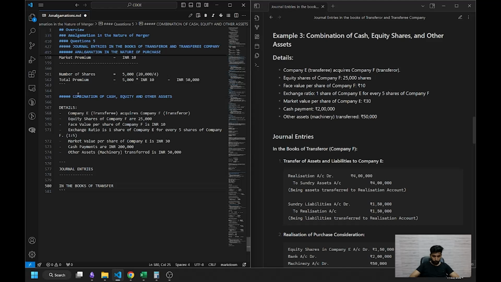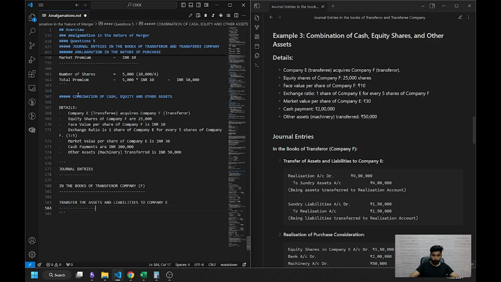First of all, we will make the entries in the books of the transferor company, which is F. Now here, the first thing we'll do is transfer the assets and liabilities to company E. Here, the first entry will be the realization account debit to sundry assets account.